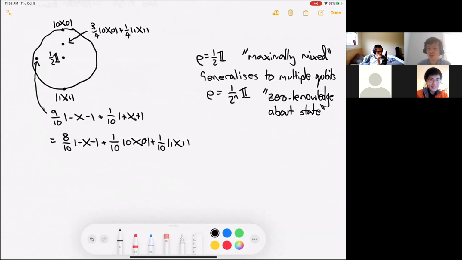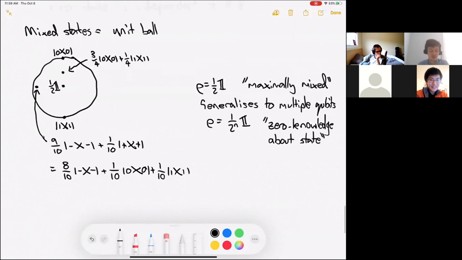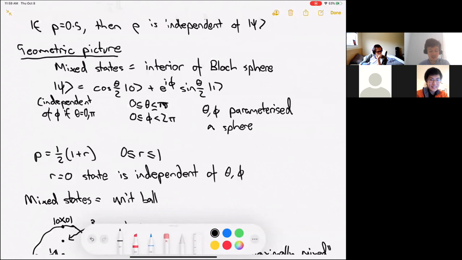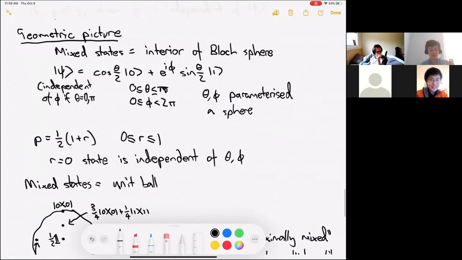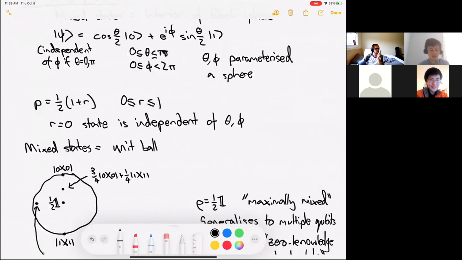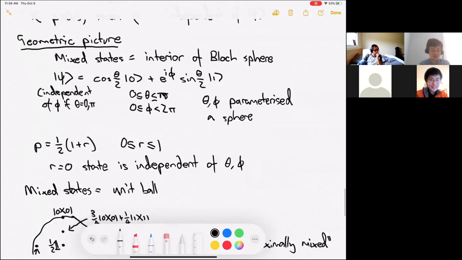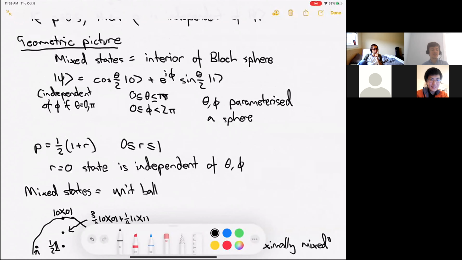We do have one question. If rho is independent of psi, it tells you something about the system in terms of information. Yeah, the point is that if P is equal to a half, then there's no preferred state at all. Psi can be thought of here as the most likely state for rho to be in. It's the pure state that rho is most similar to.